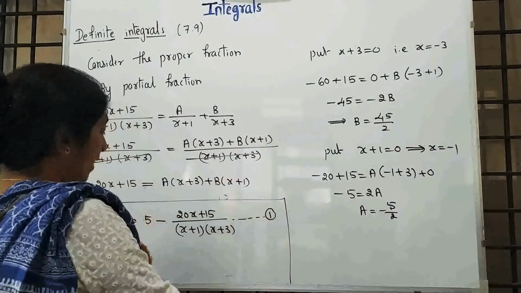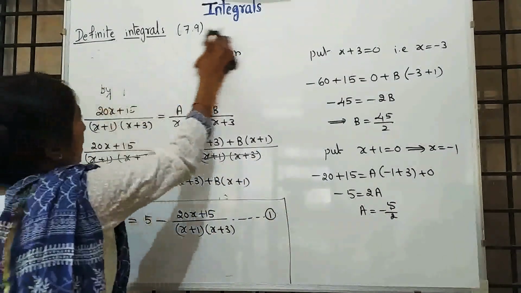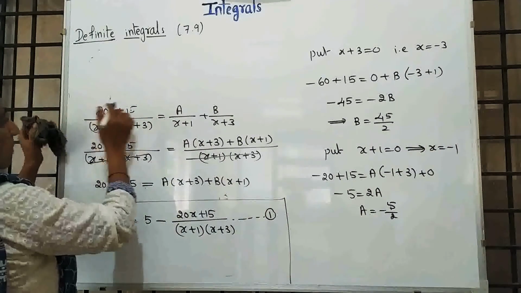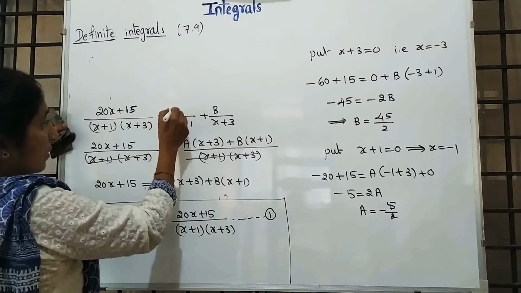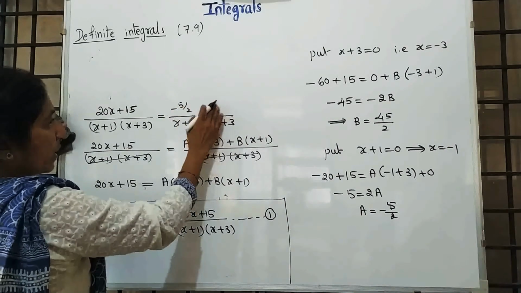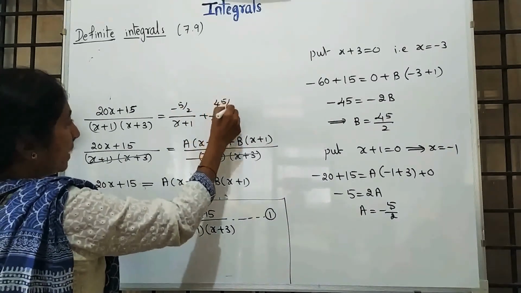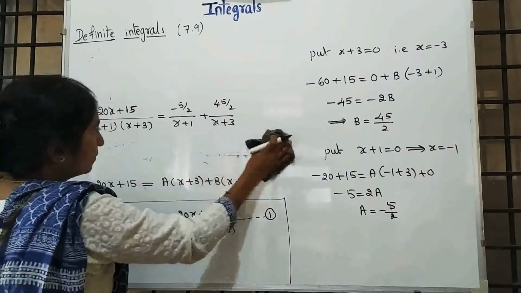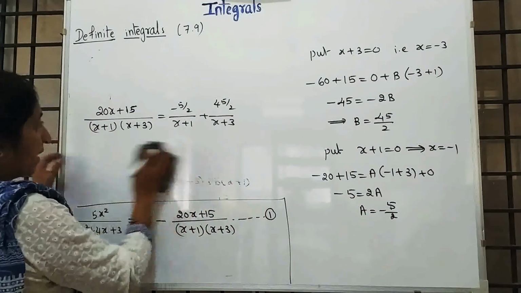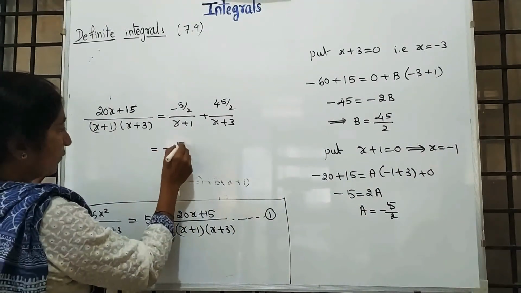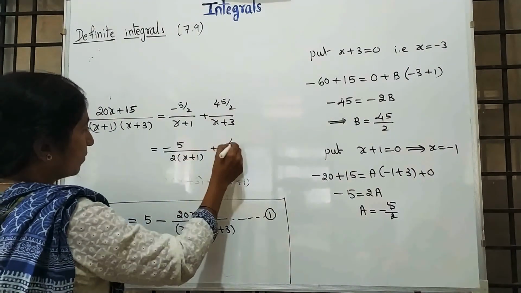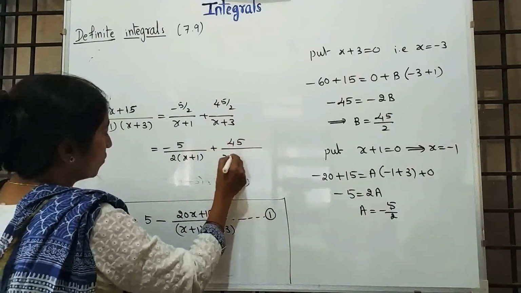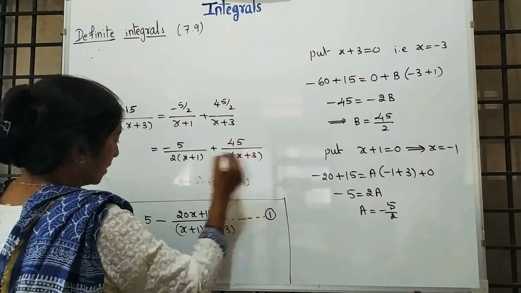Now write down those values. So 20x + 15 is written as -5/2 (x + 1) + 45/2 (x + 3).